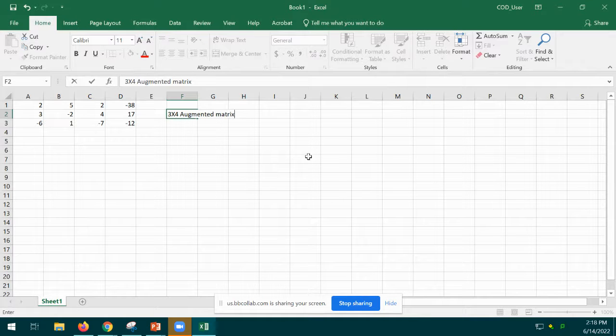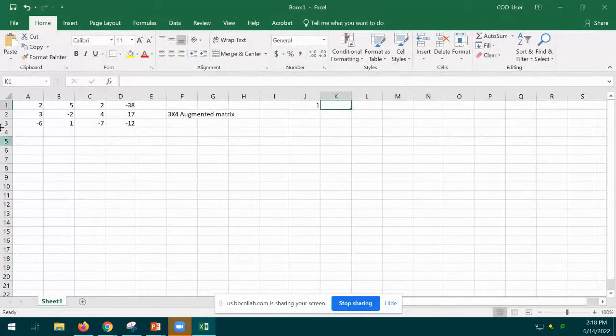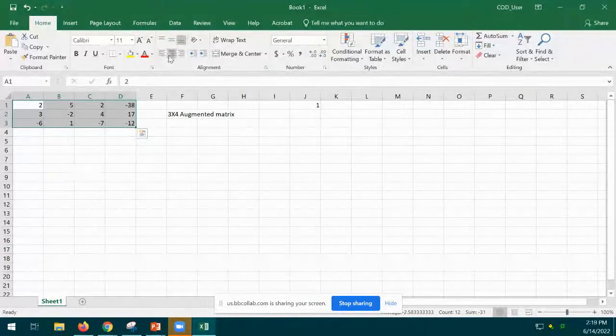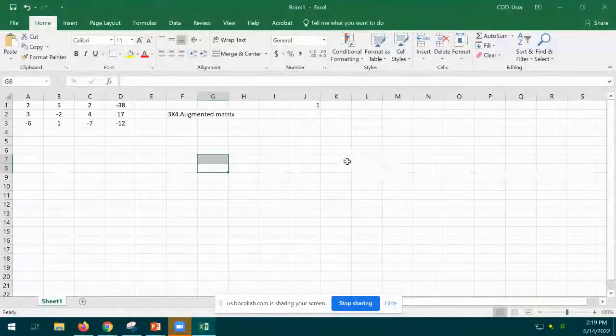that we will have. Now, here is our goal, okay? We want to change this 3 by 4 matrix into one that looks like this. We want to have a 1 here. And in fact, maybe I'll center these things so we have it centered a little bit more. There, it is now centered.